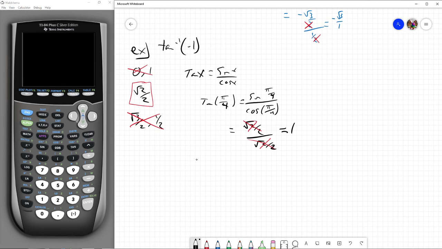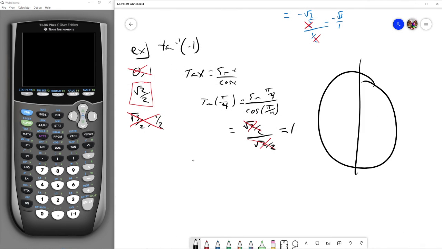So, to review, let's make our unit circle. Arctangent tells us we have to be in one of these two quadrants. The negative tells us we have to be in this quadrant. The root 2 over 2 tells us it has to be either pi over 4 or negative pi over 4, because those are the only two values in either quadrant where they cancel out, leaving us with plus or minus 1.